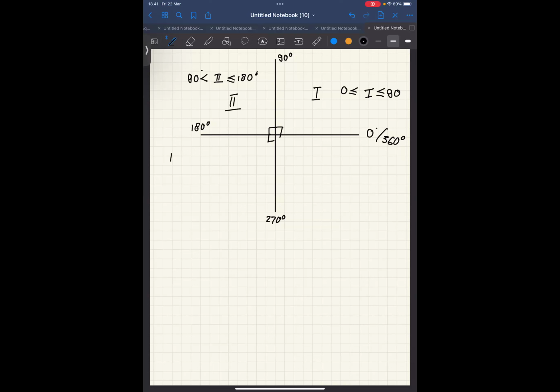Over 180 degrees until 270 degrees, this is the third quadrant. And over 270 degrees to 360 degrees, this is the fourth quadrant.